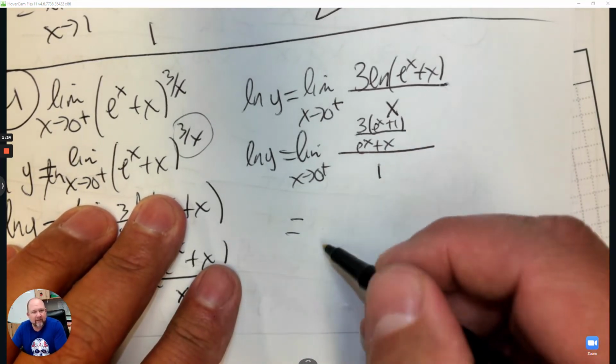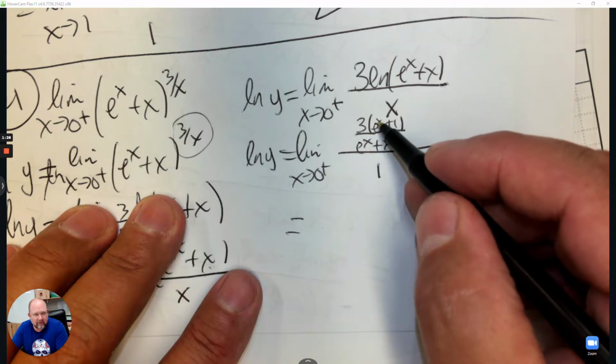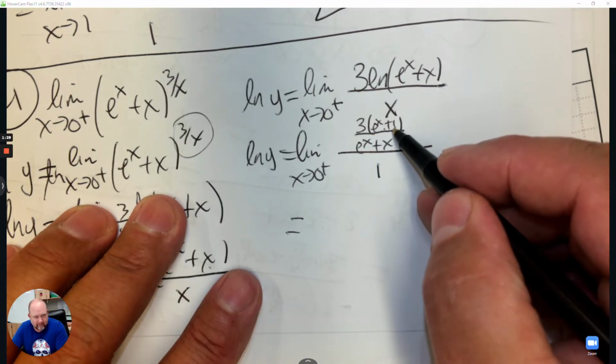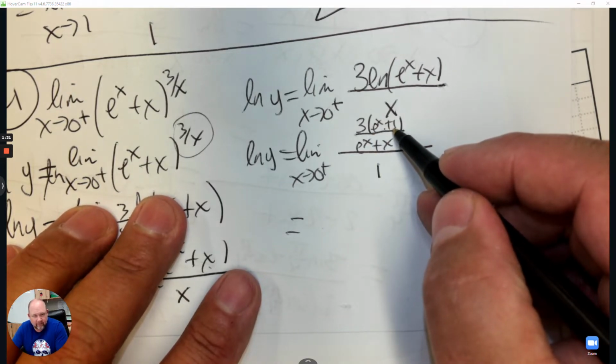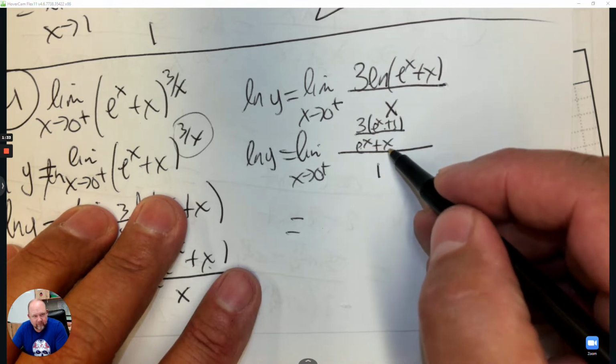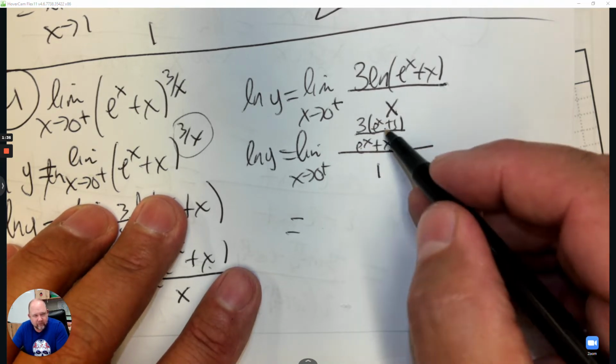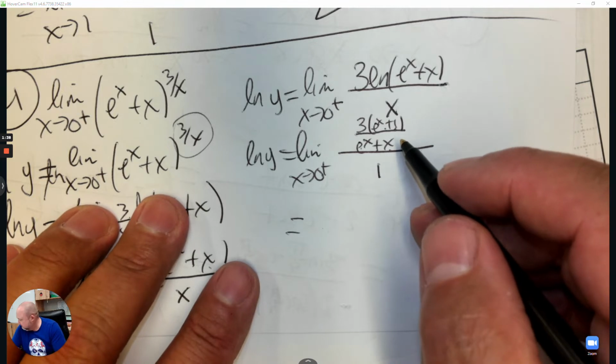And now I'm going to evaluate again at 0. So e to the 0 plus 1 is 1. e to the 0 plus 0, 1. So all of this looks like it's equal to 3.